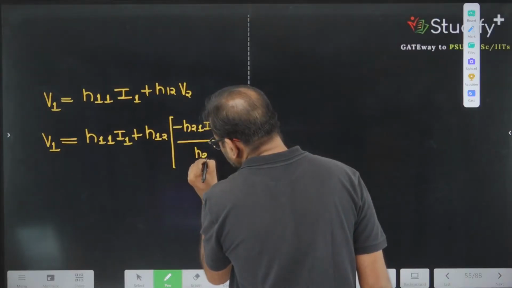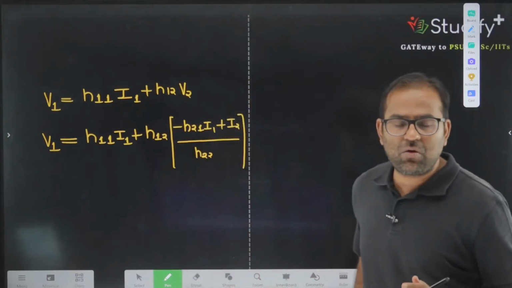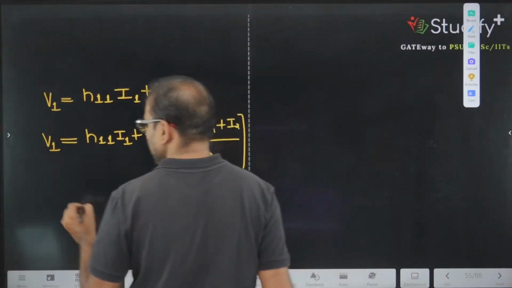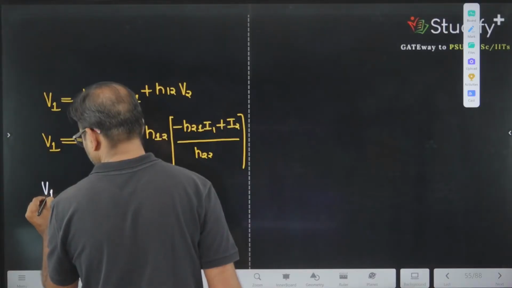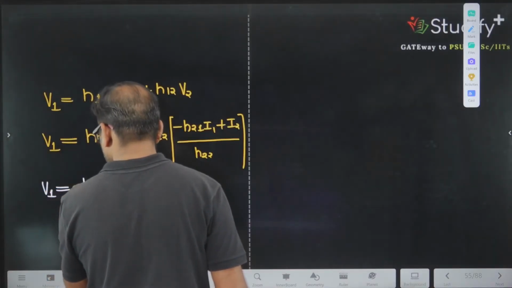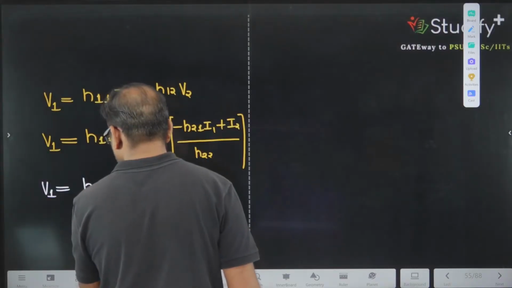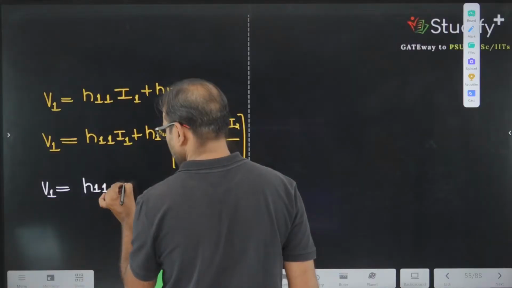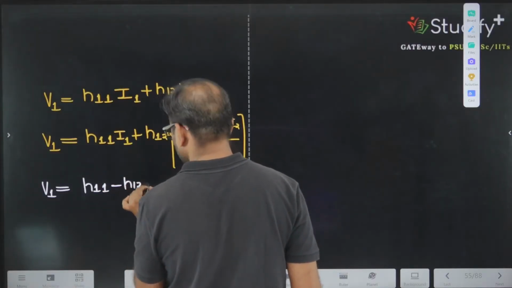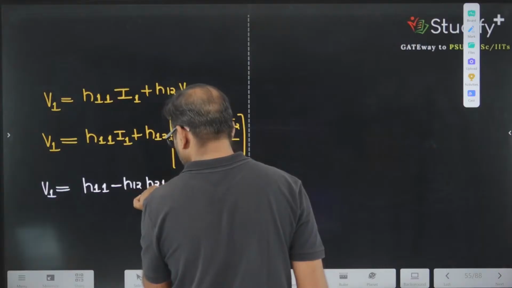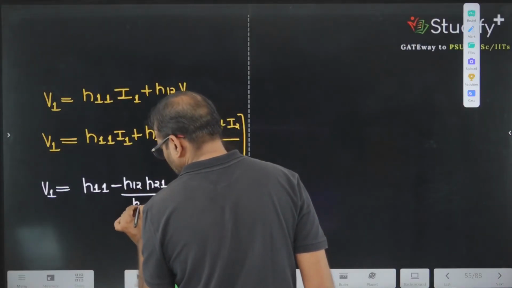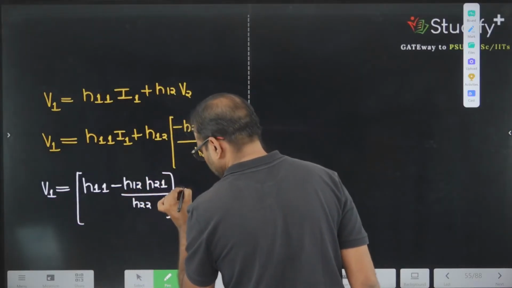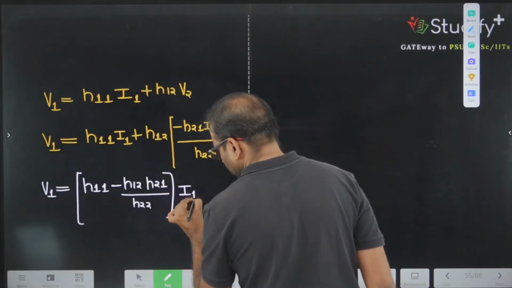So now you can say your whole V1 equation is now also a function of V1, I1 and I2. So V1 can be represented as H11. If I take I1 as a common, H11, and from here I can take minus H12 H21 divided by H22 times I1.